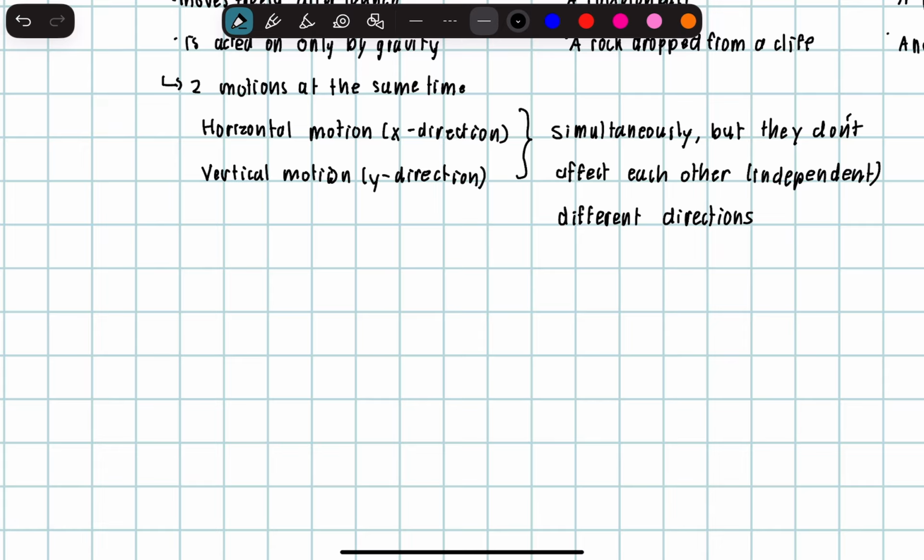So, we can draw this projectile motion like this. That will be your height. This will be your range. This is the peak of your trajectory, and you will have components like this.